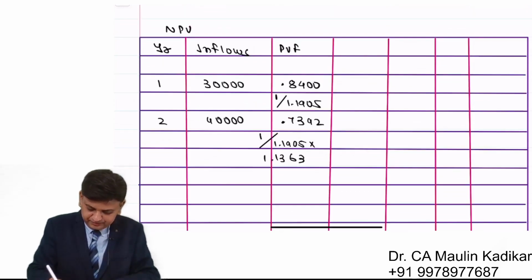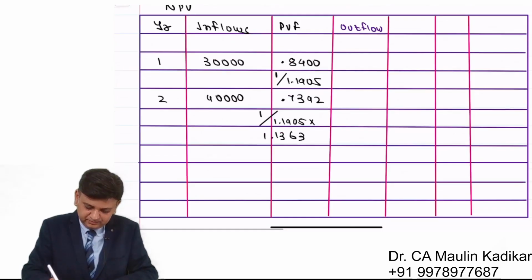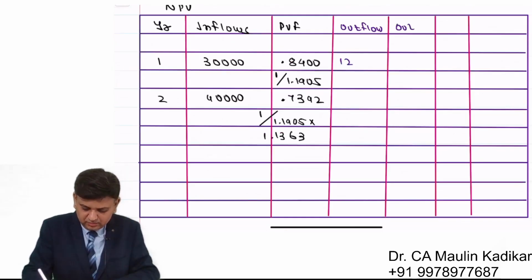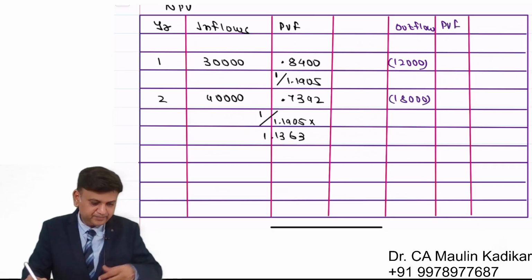Now outflow. First year end it is 12,000. And for the second year end it is 18,000. Again it will have the discounting.